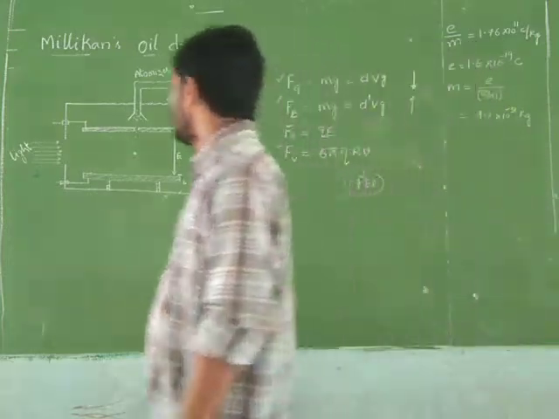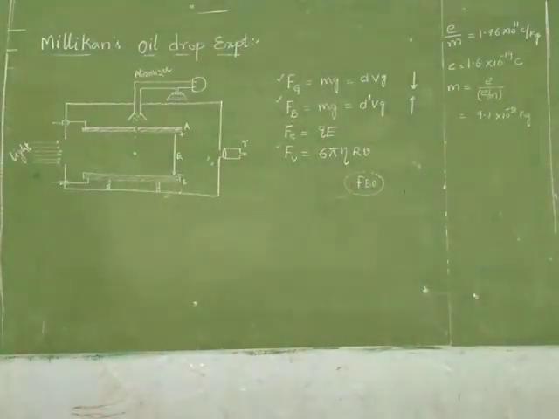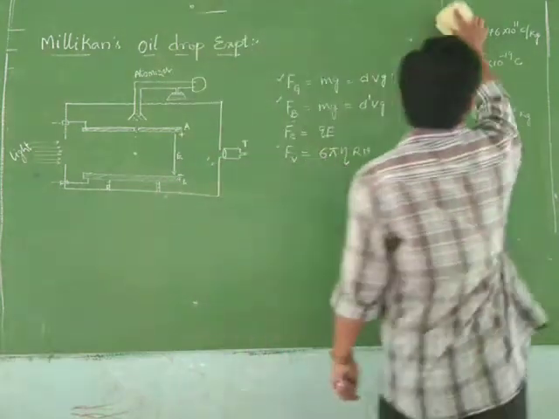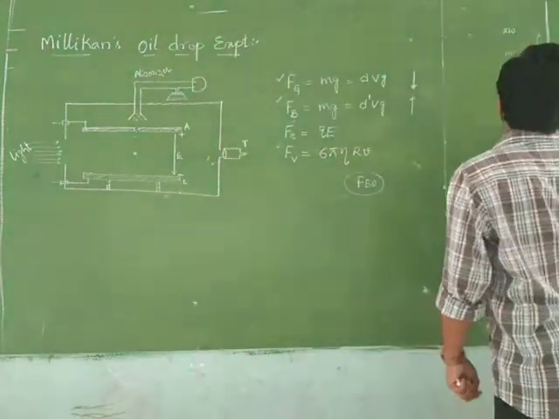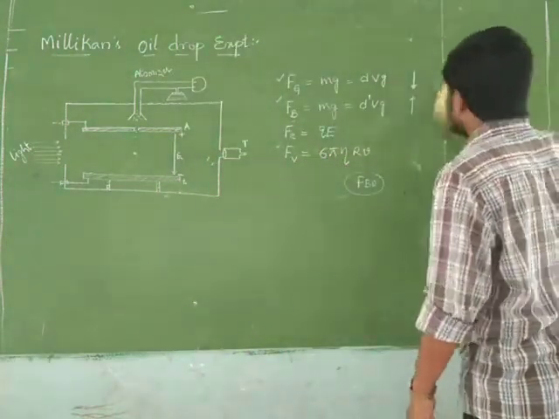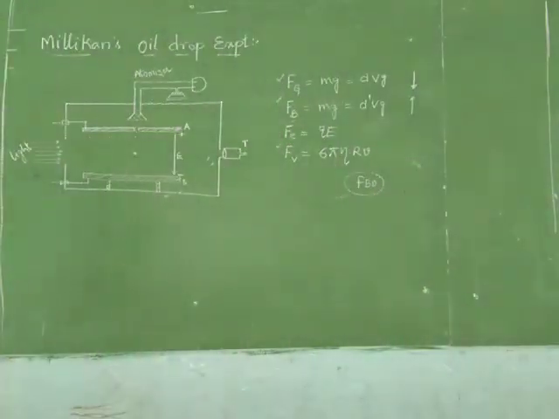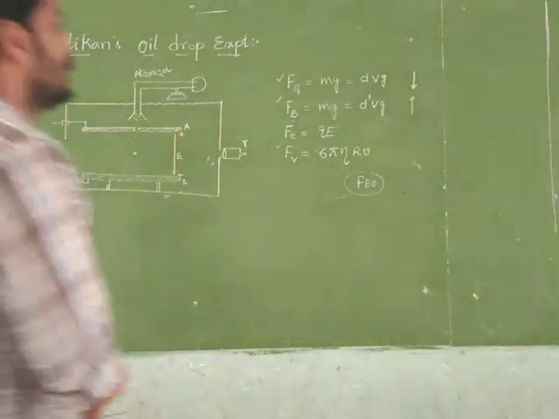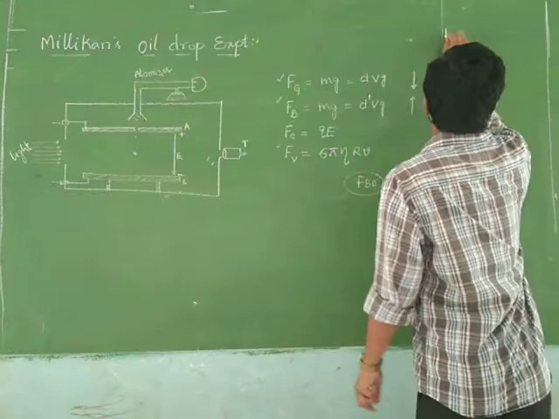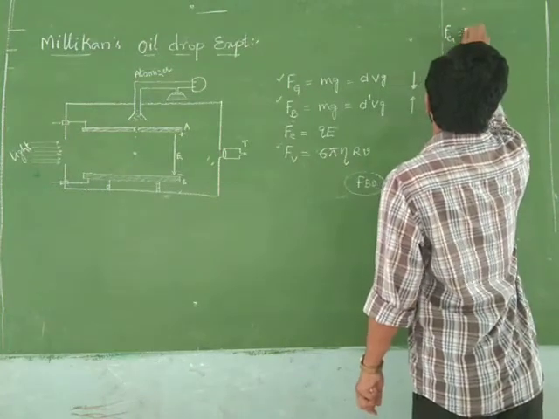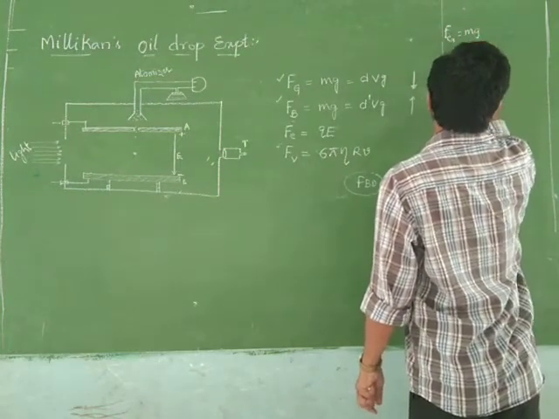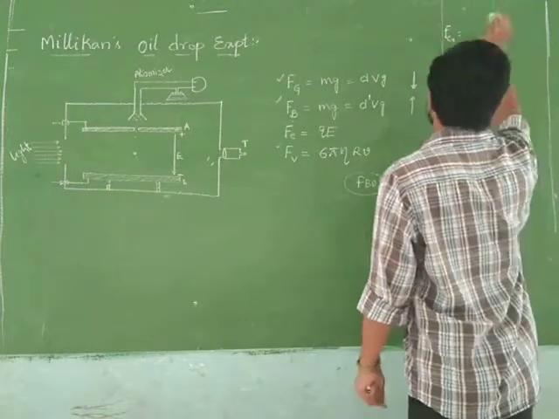But now, let us write the force equations here, so that it is easy to substitute the values. The gravitational force is mg, let it be in terms of density.